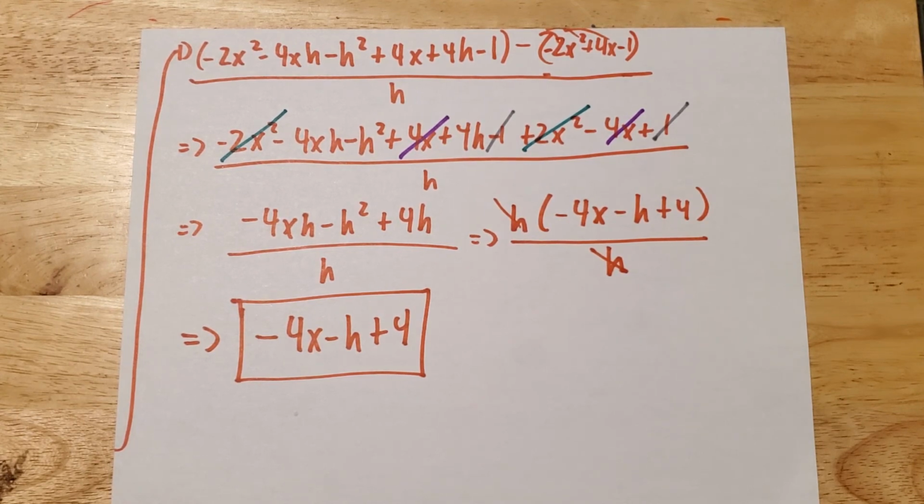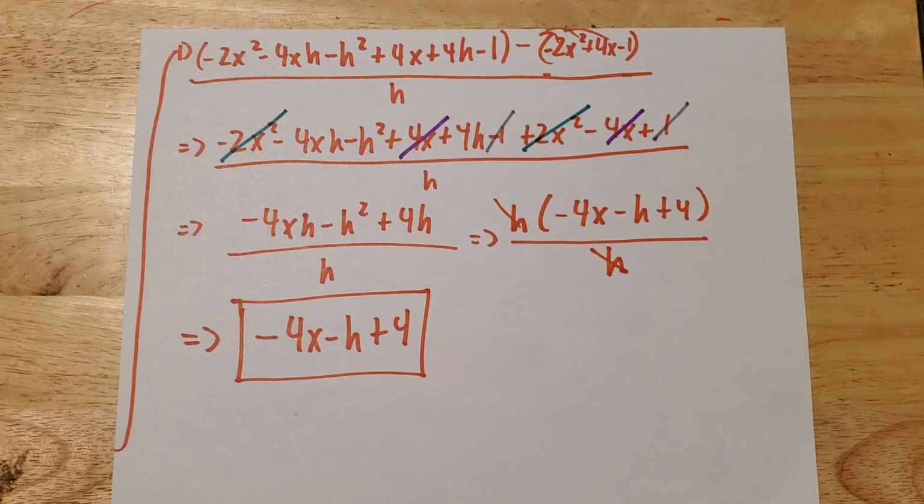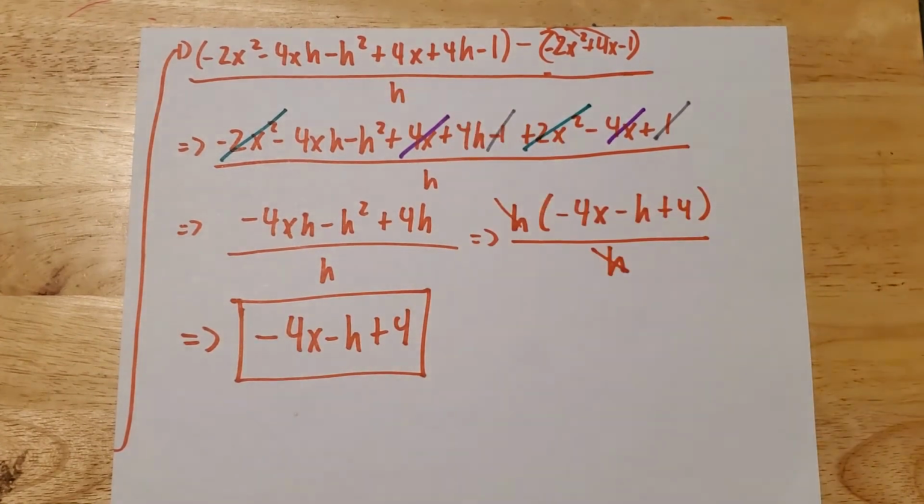So these are things that you can do with functions. The evaluation part came from a previous section when we first introduced what a function was. When we talked about the definition of a function, the vertical line test, and then how we can evaluate functions. That's what I did here.